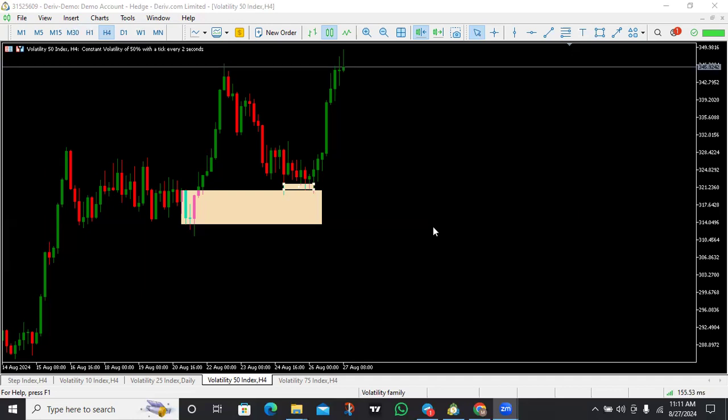Now, I was also having a problem in top-down analysis. Imagine there was a day I was analyzing step index. In my mind, I looked at step index from the daily and thought, okay, it's going to buy. But if you look at that step index on the higher time frame, the monthly momentum was bearish, with a very big bearish candle coming down impulsively.